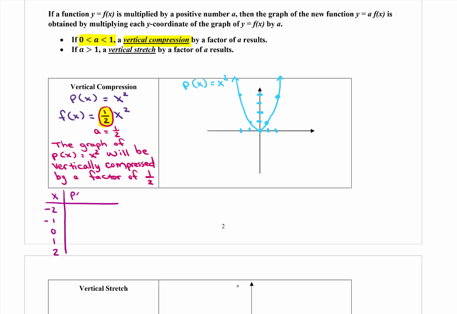Before I draw that new function, let's actually multiply each one of the y coordinates by that factor of a. So here are the coordinates of the parent function.